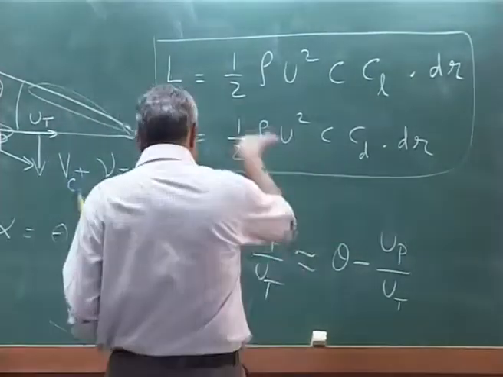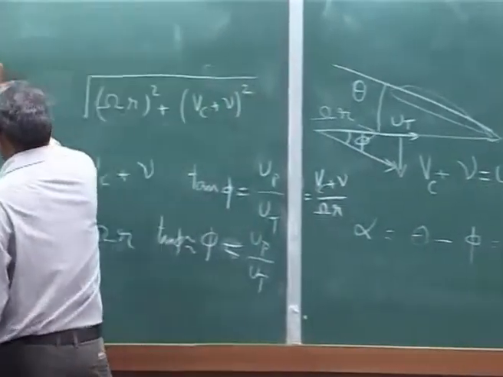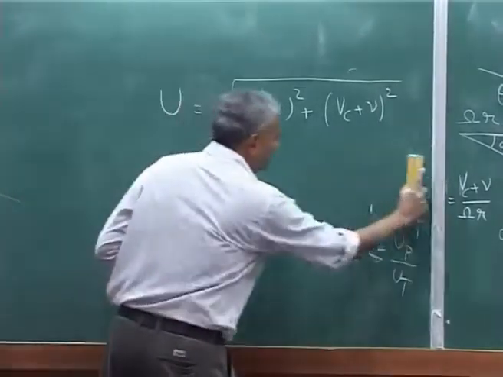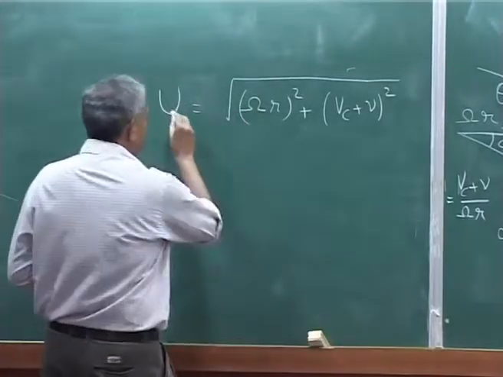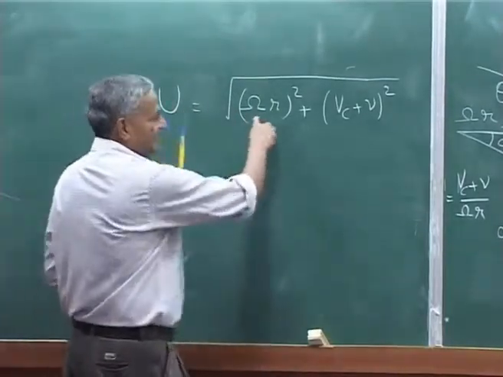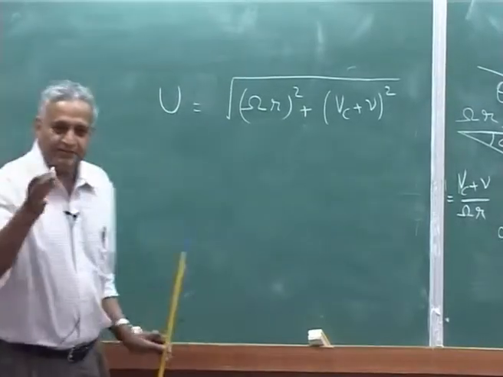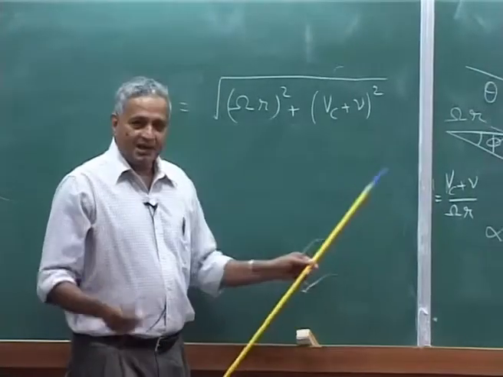Now, I make more approximation, okay. The more approximation is, I am going to call now u, I say omega r is, because when phi is small, basically omega r is large.